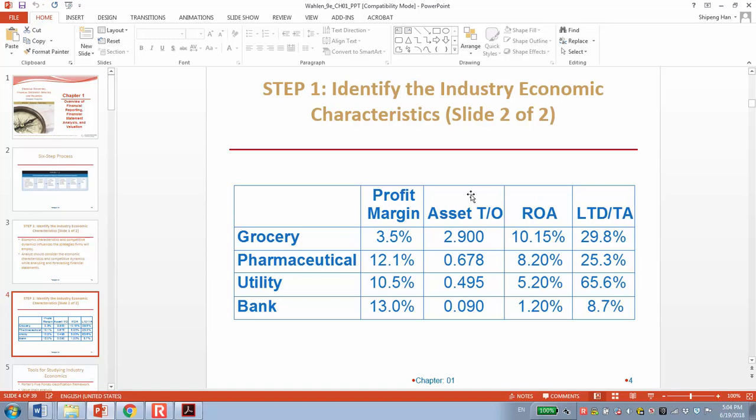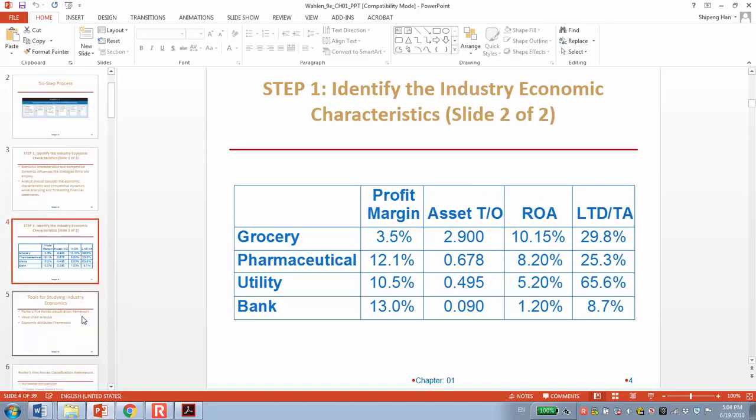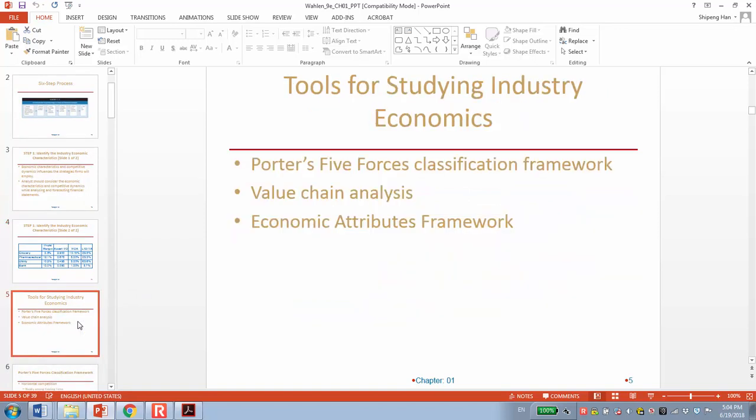So the next is we're going to introduce several tools to identify the industry economic characteristics. There are mainly three methodologies. The first one is Porter's 5 forces classification framework, which is the most popular one.